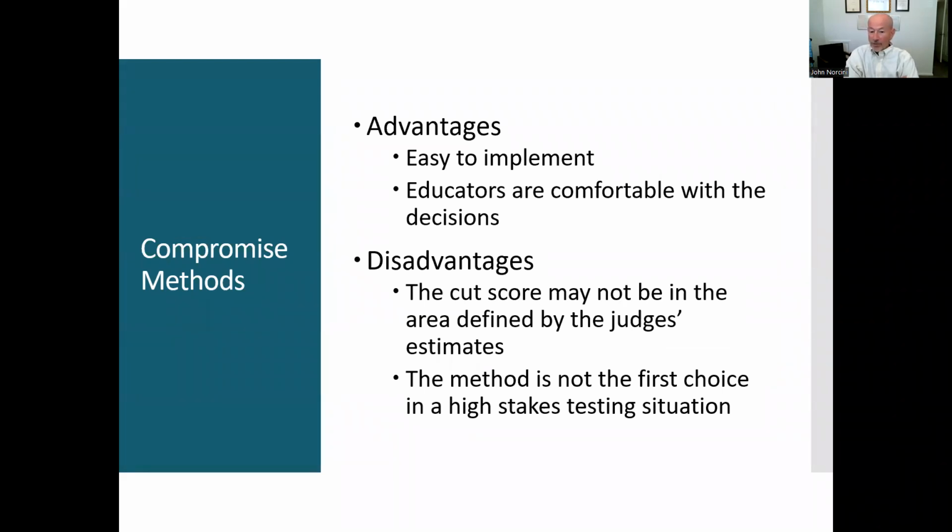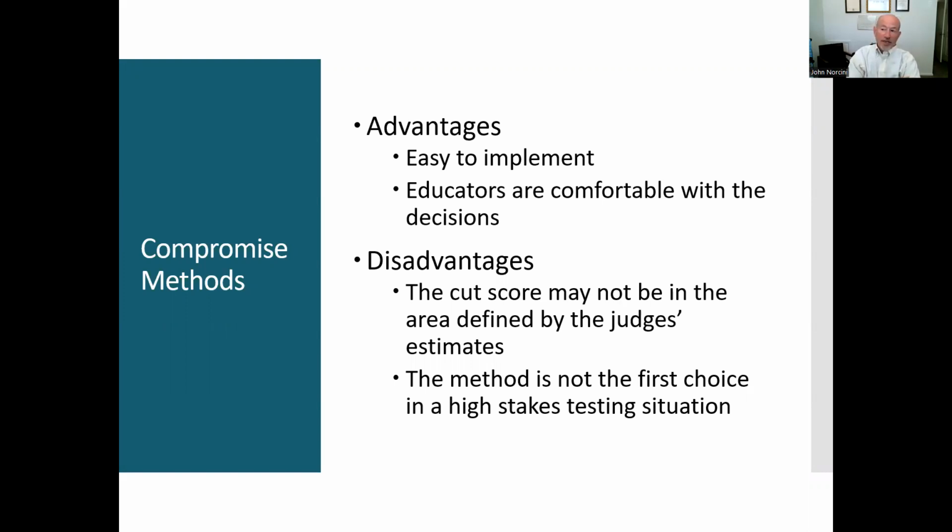So they're good from that perspective. Disadvantages: there are sometimes when the cut score may not be in the area defined by the judges' estimates because the examination was harder perhaps than the judges estimated it would be, or they have unrealistic expectations.